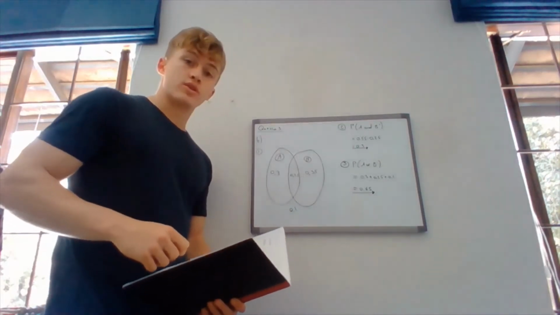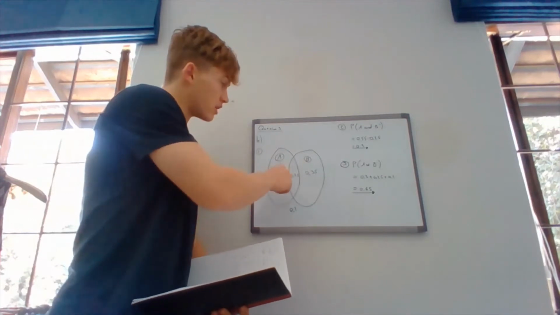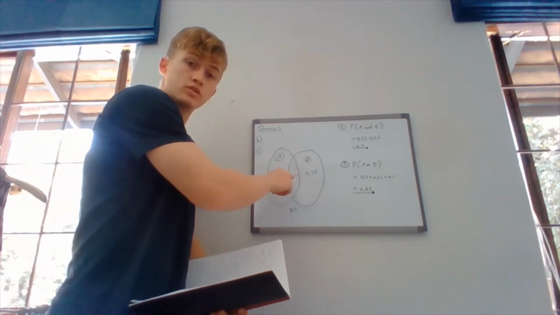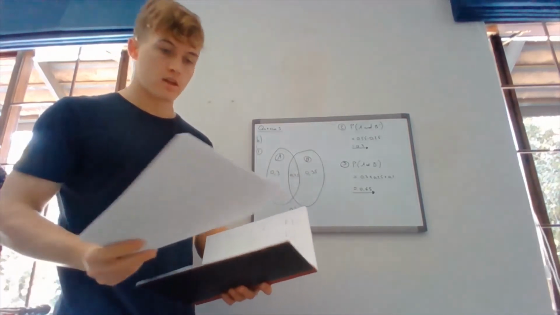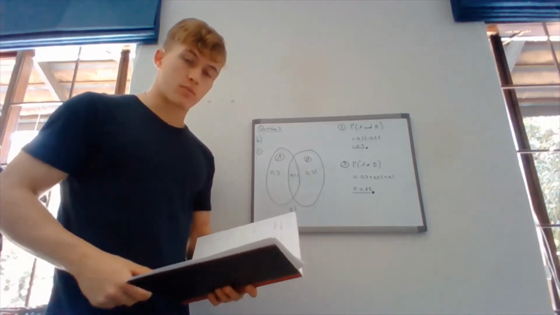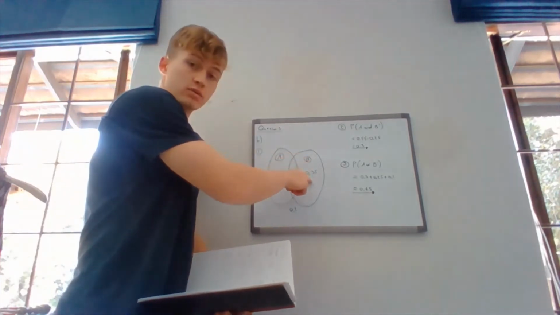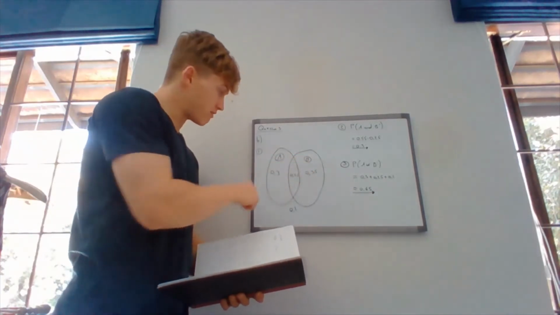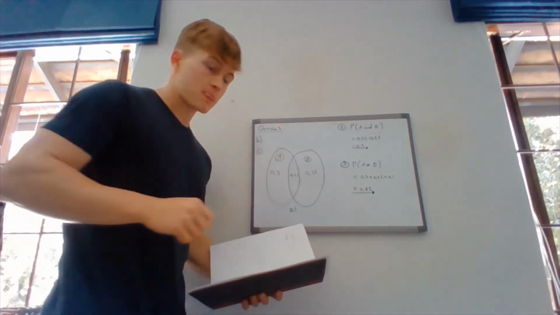Also, you need to make sure that you minus the A and B, which is 0.25, from the given 0.6 and 0.55.